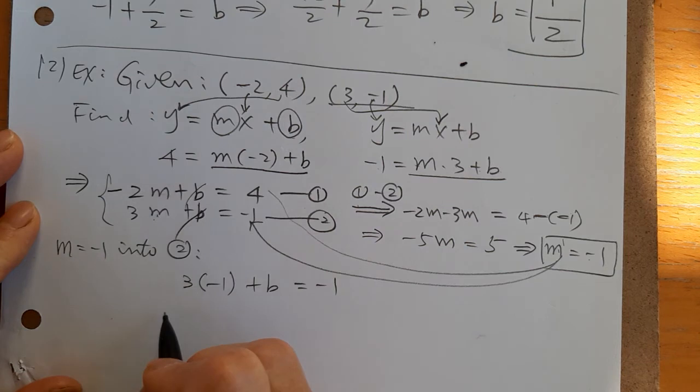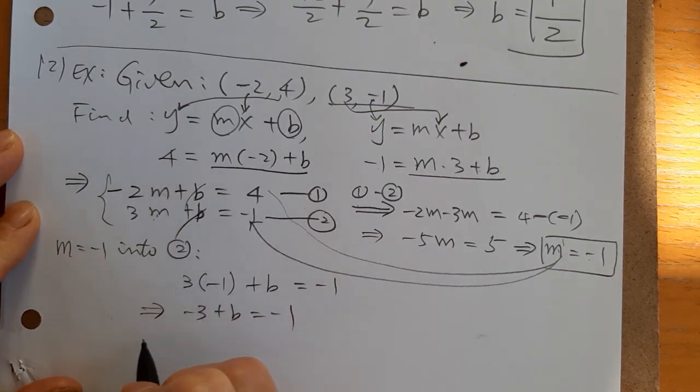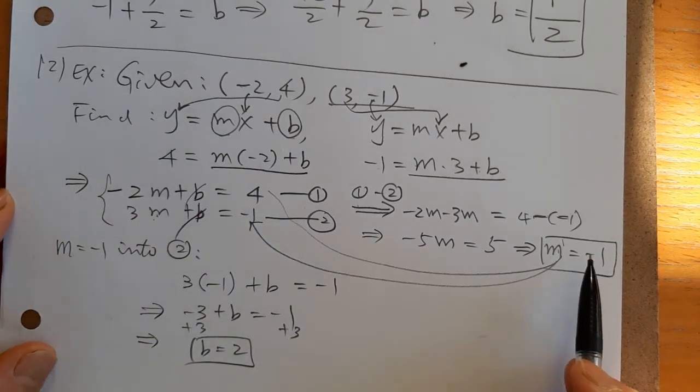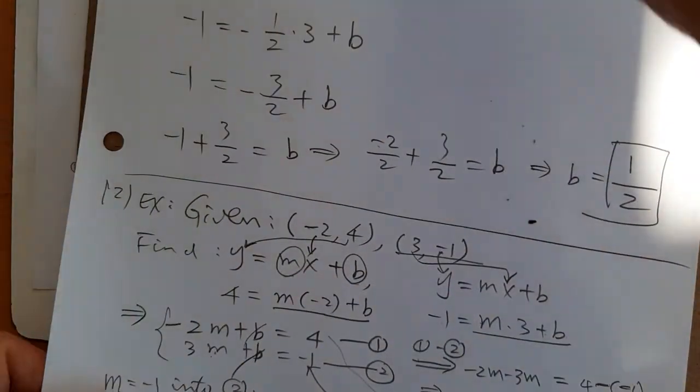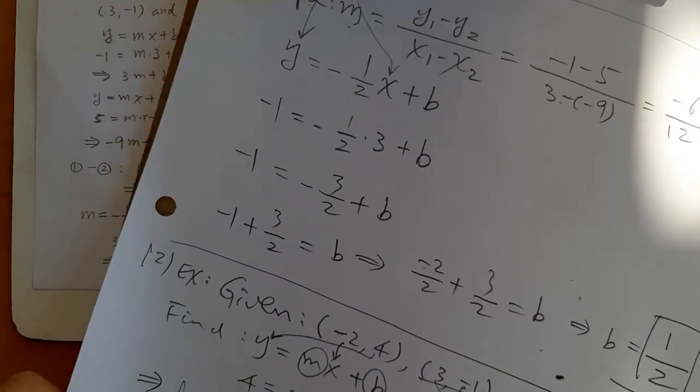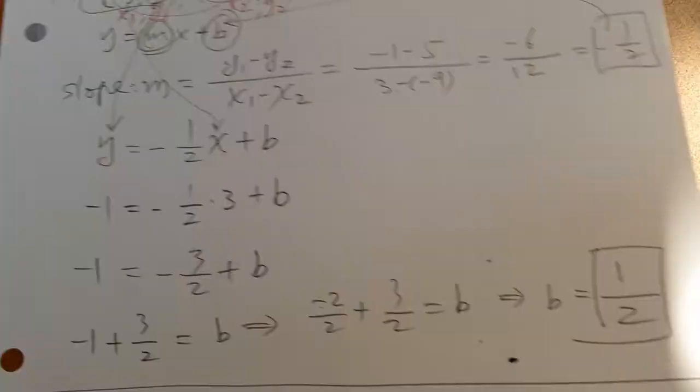So you get -3 plus b equals -1. Then you add 3, so b equals 2. So for this question, m is -1, b is 2. So this is using the linear system to solve.